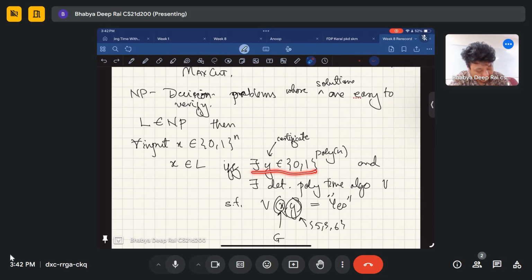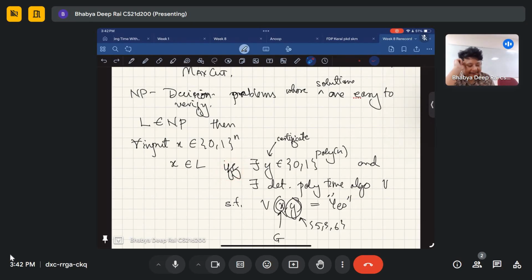Not only that. Now, what does the certificate do? Well, there is a deterministic polynomial time algorithm which we shall call V. V stands for verifier. Given the input X and the certificate Y, the verifier will always say yes. Look at the fact that it says if and only if. What does if and only if mean?